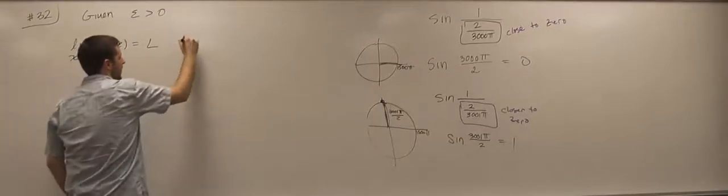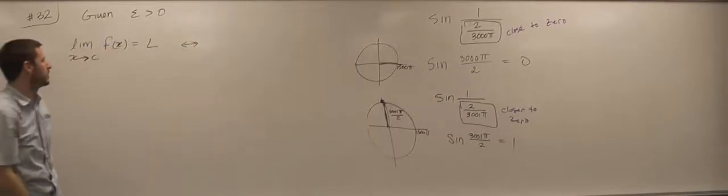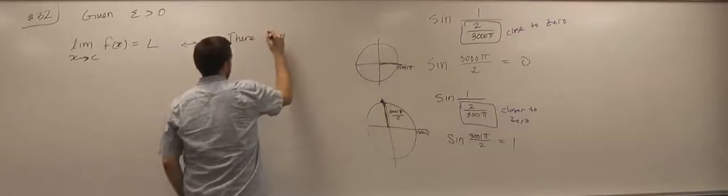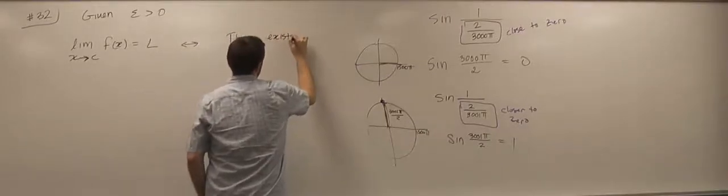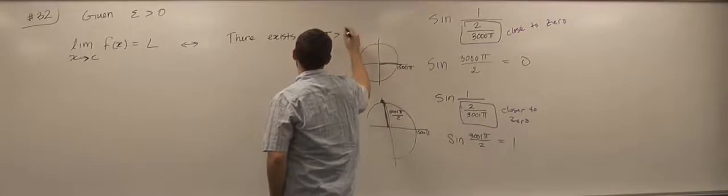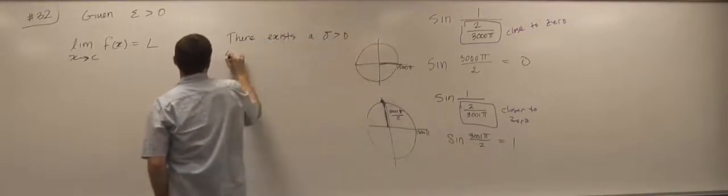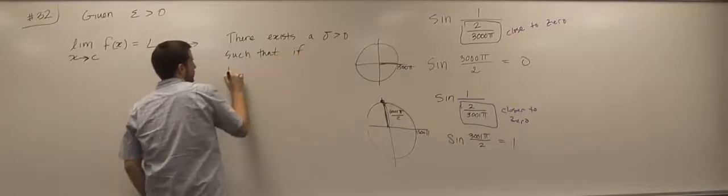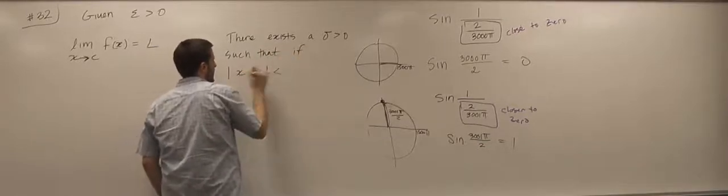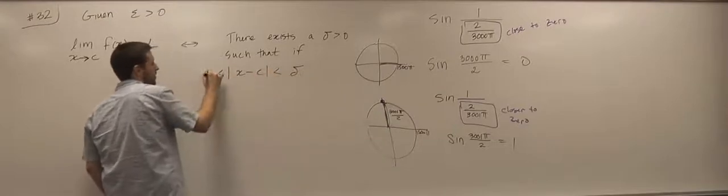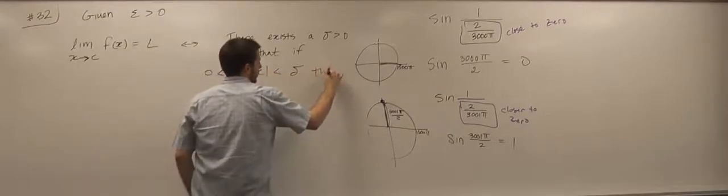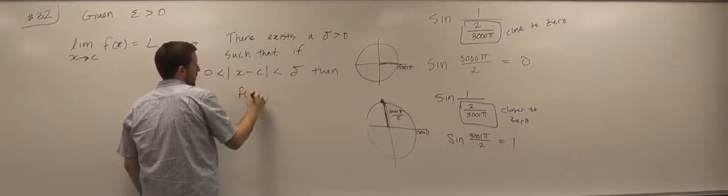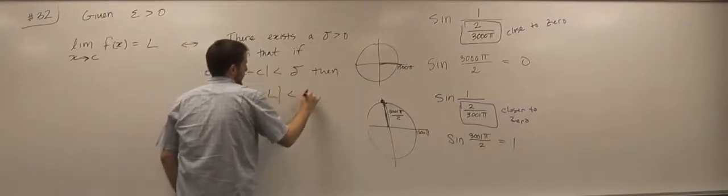is equivalent to saying there exists a delta greater than 0 such that if the absolute value of x minus c is less than delta, actually bigger than 0, then the absolute value of f of x minus L is less than epsilon.